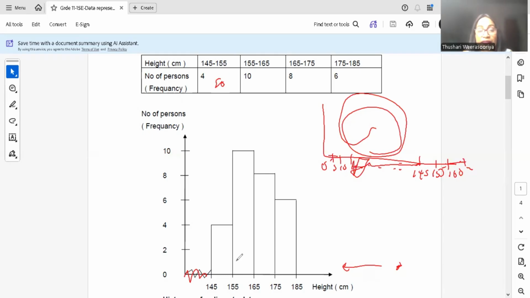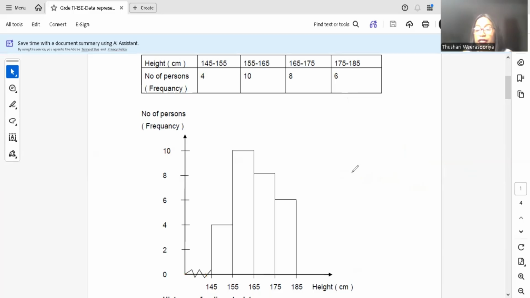At the same time, I want to explain frequency polygon. Another new thing. The second topic of this lesson, frequency polygon. A frequency polygon is a polygon with equal area to the histogram. Now look at this. This is how you draw it.